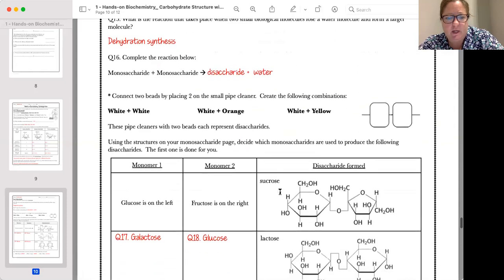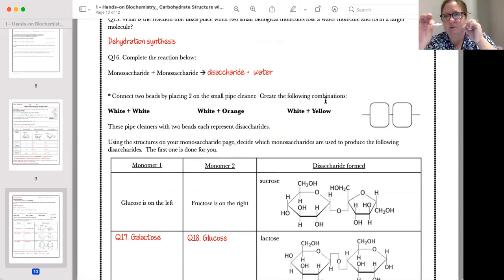And so here we have these pipe cleaners. If we take a glucose and a fructose on this little piece here, then this is the disaccharide sucrose.